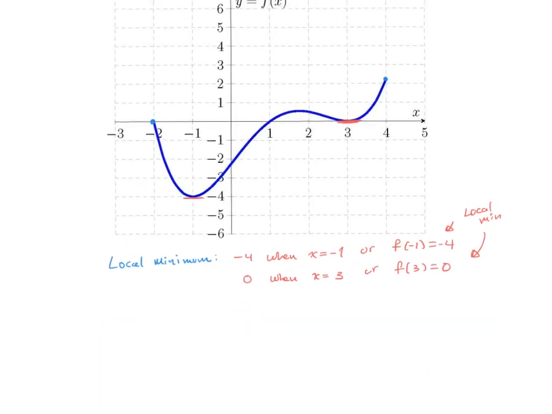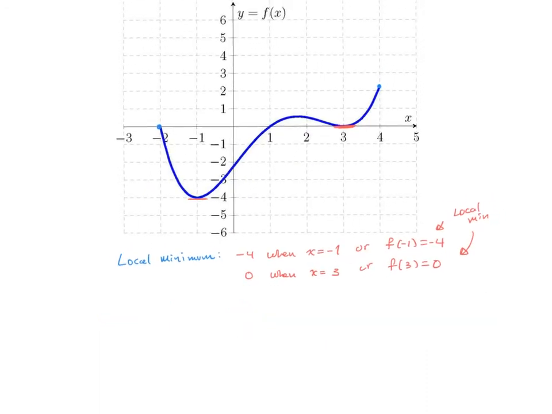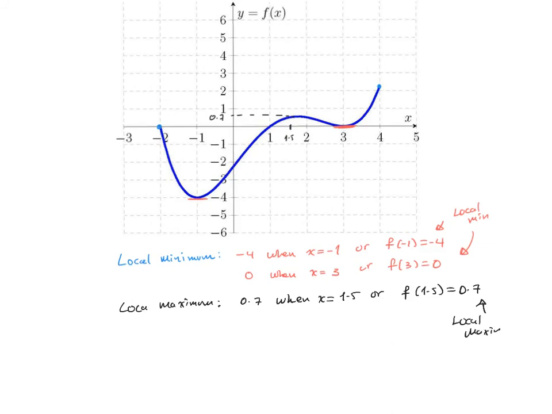In here you have a local maximum, and that happens kind of here where x equals 1.5, and you can see this is like 0.7. So the maximum will be 0.7 when x is equal to 1.5, or f of 1.5 gives you 0.7, and this will be the local maximum.